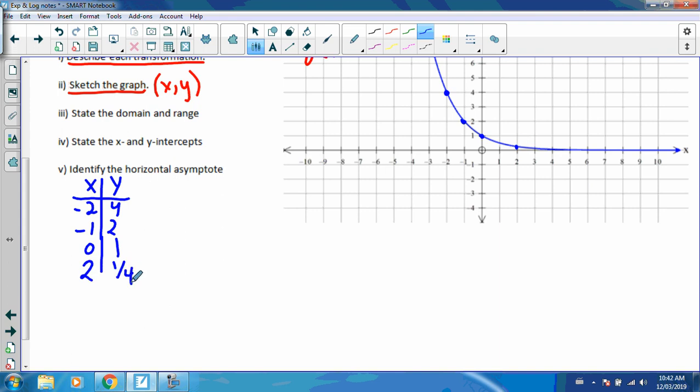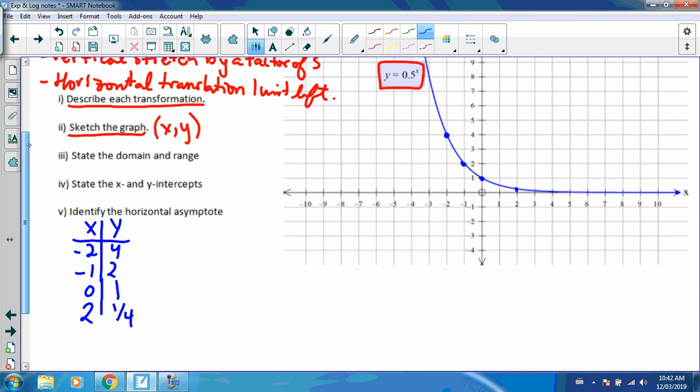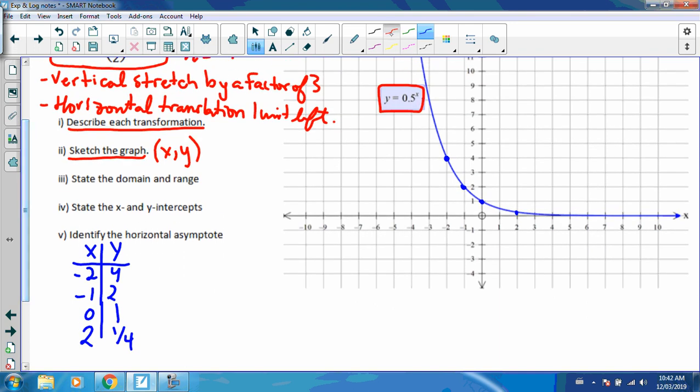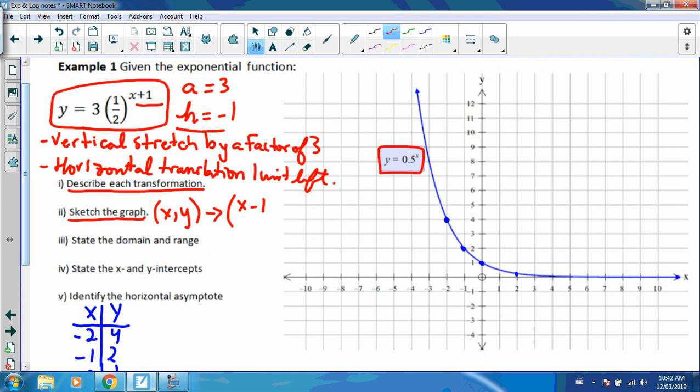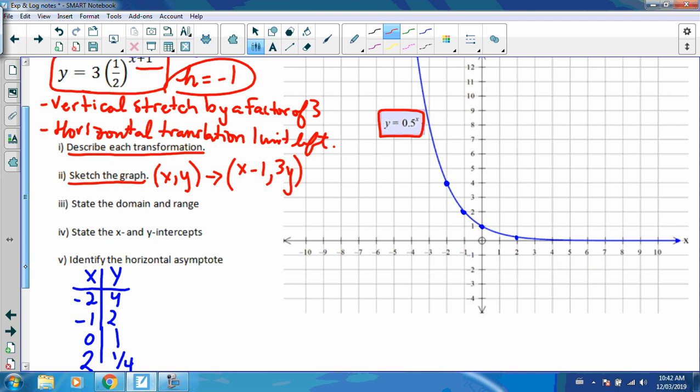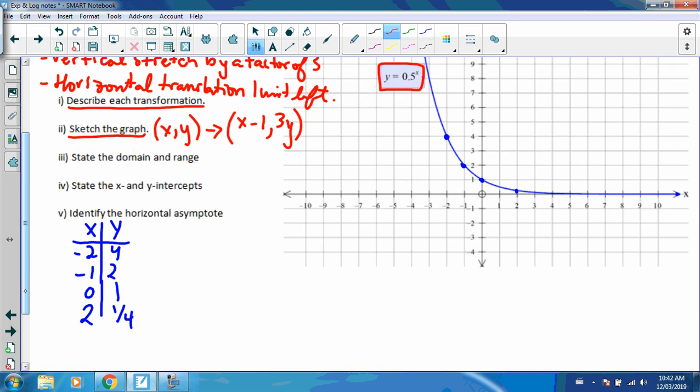Our mapping rule, if I go back up here, is x over b, but b is just 1, plus h, and h was -1, so x minus 1. And then y is going to become 3y. So that's our mapping rule. Let's apply that to this table of values and see what we get.